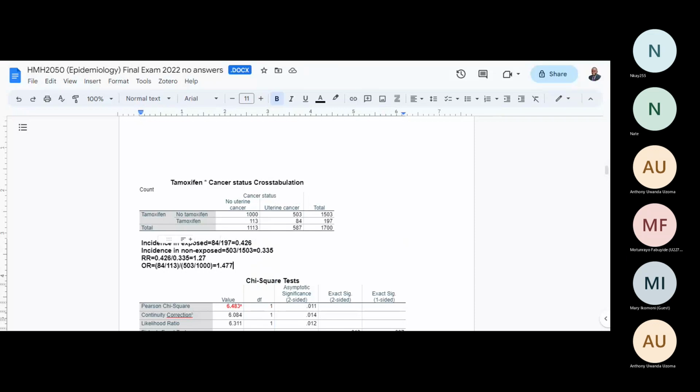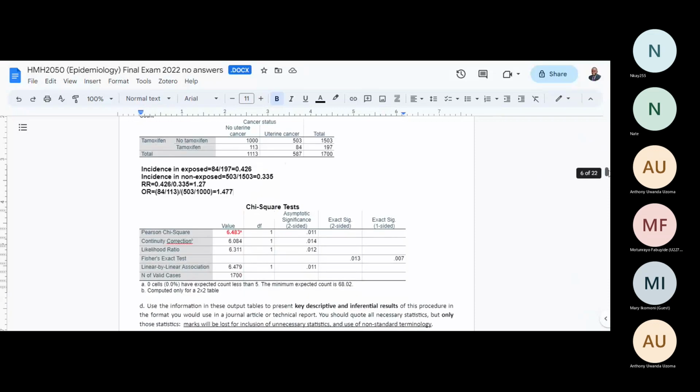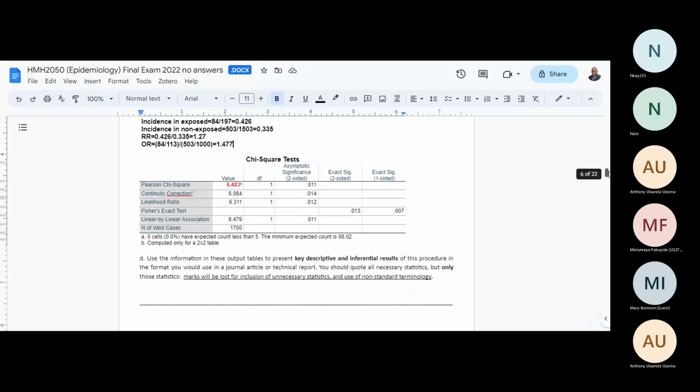You can see both by relative risk and odds ratio that there's an increased risk for uterine cancer if you're taking tamoxifen. But I can't figure out how we arrived at the chi-square. Maybe someone can do a Google search, or in our next meeting I will search for what it means.